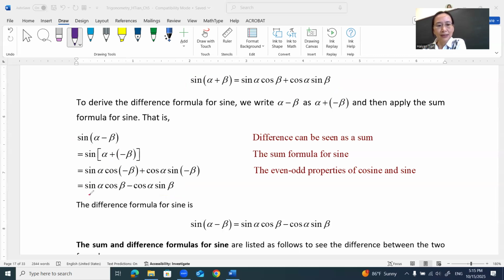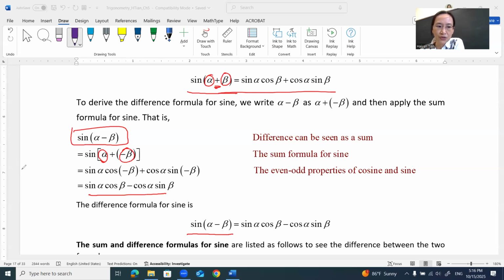So now we get, by simply applying this identity to this particular case, the sum is the first, second, right?